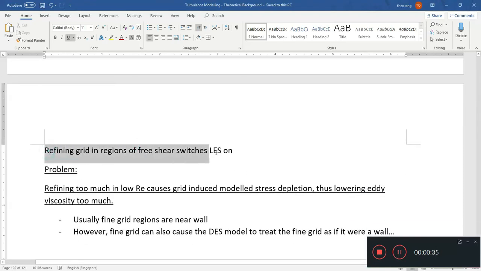We know that refining the grid enough in the regions of free shear switches the LES mode on.